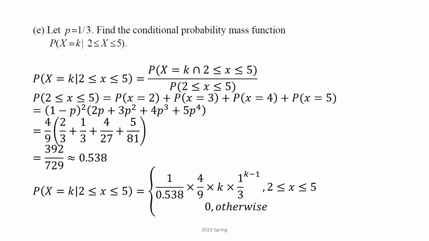So we know that the probability equals the probability of X equals 2 plus the probability of X equals 3, 4, 5, and it equals approximately 0.538.